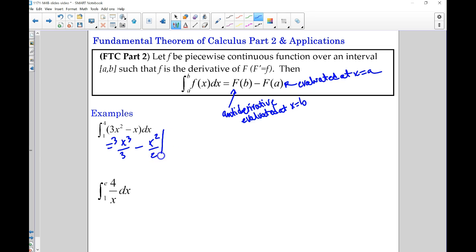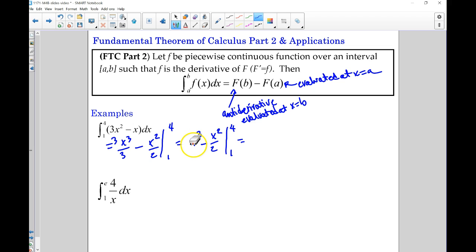I'm going to use a vertical bar to denote that I still have yet to do the evaluation, so 1 and 4. Continuing, simplifying for my ease, x cubed minus x squared over 2, evaluated from 1 to 4. Okay, and now I can go ahead and do the evaluation.